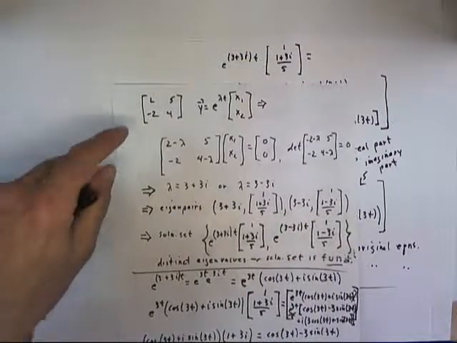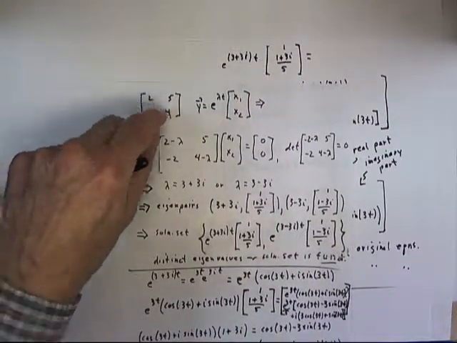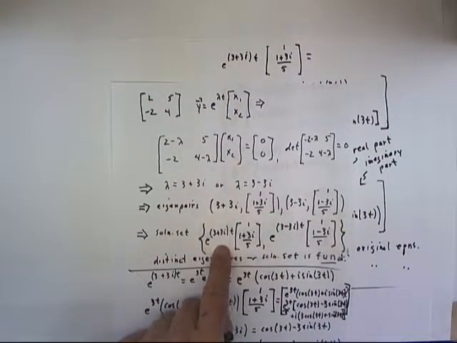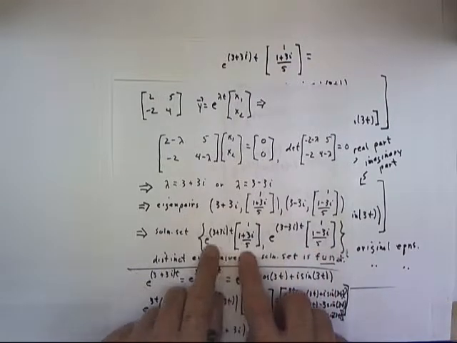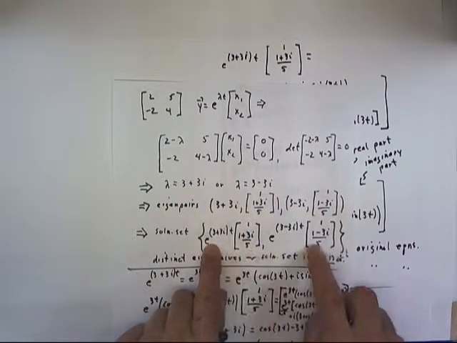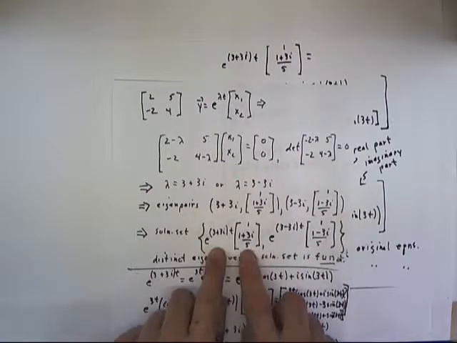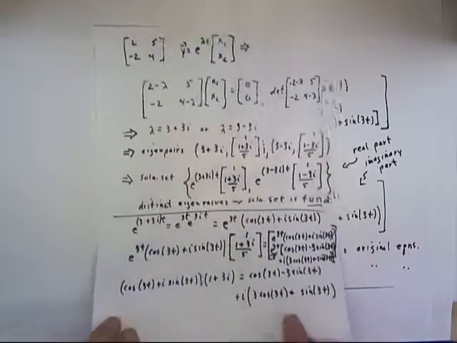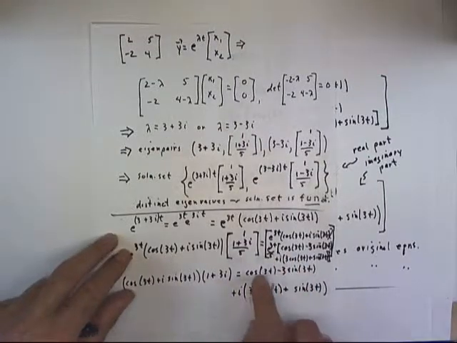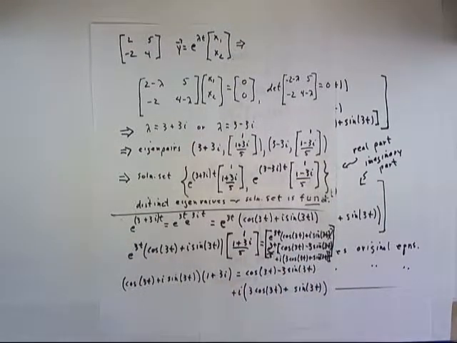So, starting with the original system defined by this matrix, we obtain a fundamental set. We take the first vector in the fundamental set, and we haven't talked about the second, but it's treated in exactly the same way. We take the first vector in the fundamental set, and we expand it into its real and imaginary parts.